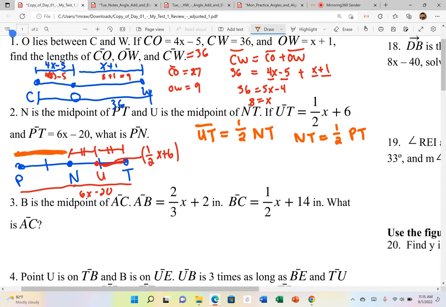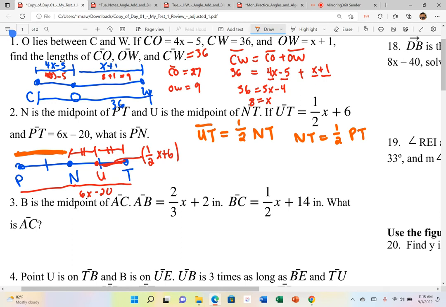So, what we have is 1/2 of 1/2. A fourth. Good. So, UT is 1/4 of the whole entire segment. Okay? So, if UT's 1/4 of the whole entire segment, how can I get the whole segment using just UT?